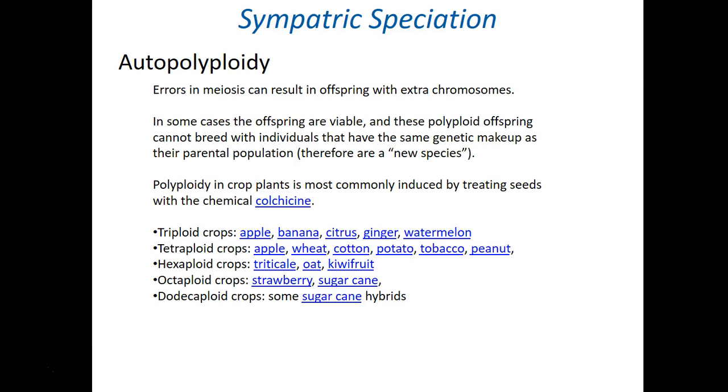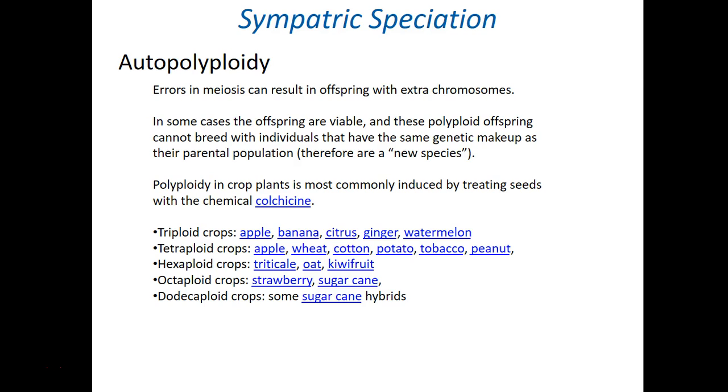This happens in nature, but it actually also happens in agriculture. So we deliberately treat some crop plants with a chemical called colchicine. You may know it as a treatment for gout in humans or high uric acid in humans. But if you treat a plant with it, it creates errors in meiosis when the plant is making pollen.